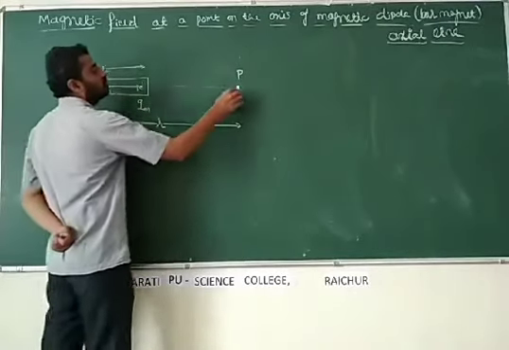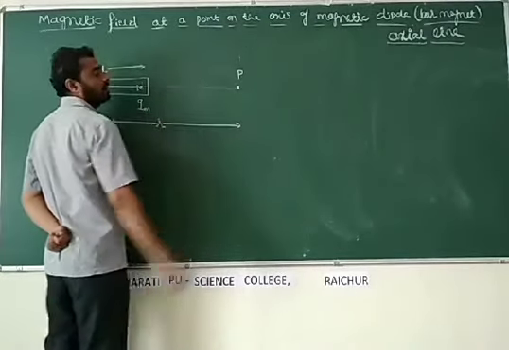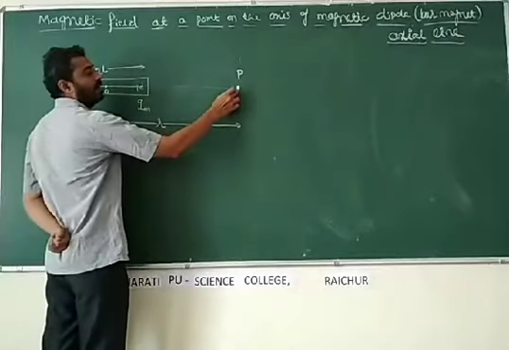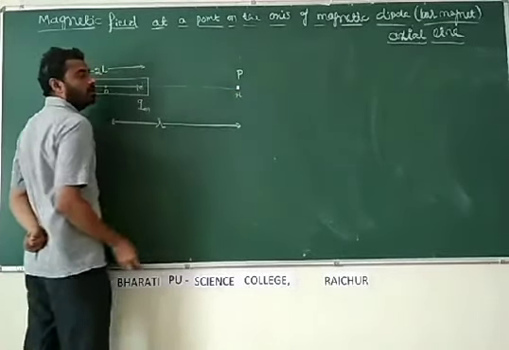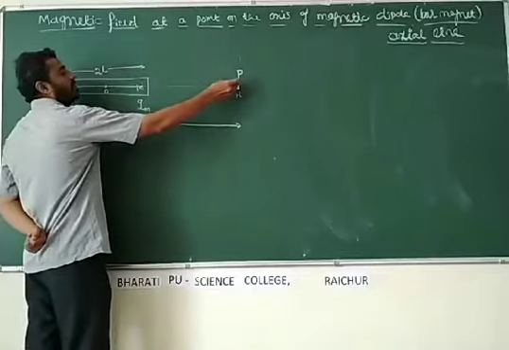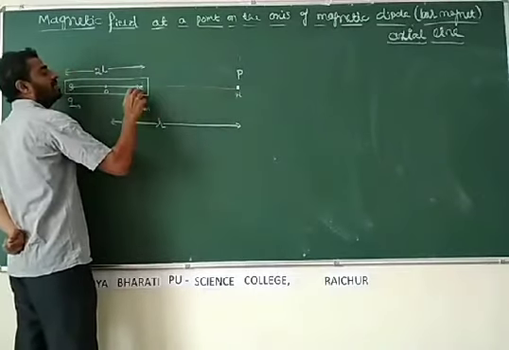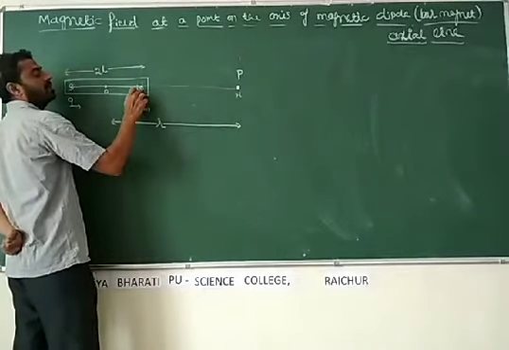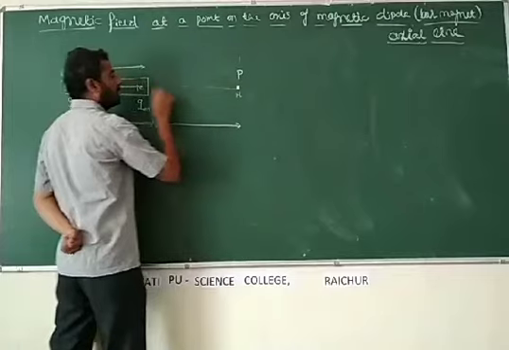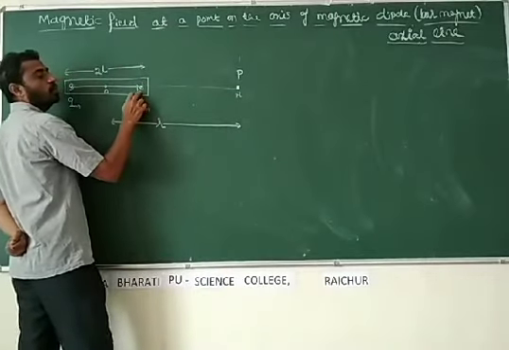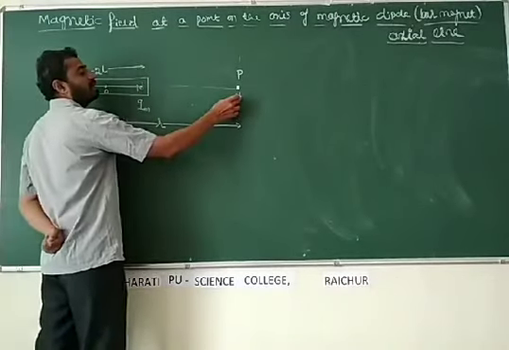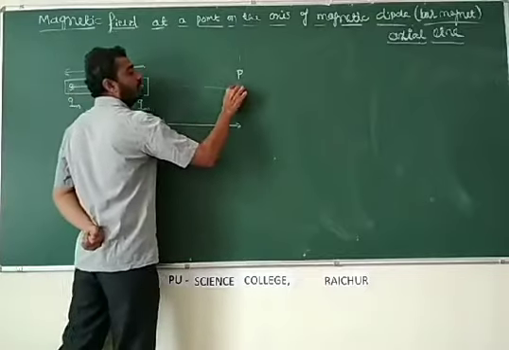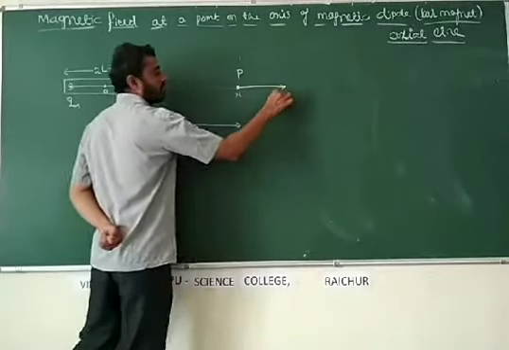Okay, now if I assume one unit test isolated north pole here at a point P, that unit test north pole is being repelled by this north pole. Because of this north pole of a source magnet or magnetic dipole, imagine that a test north pole is repelled in this direction.